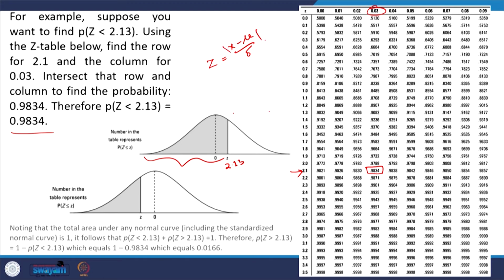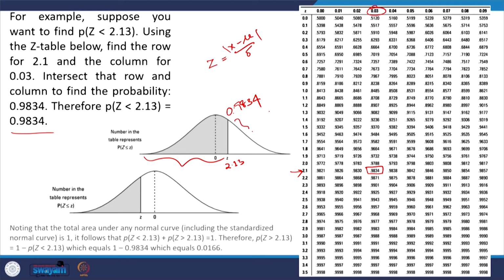Okay, this is what is mentioned. Now it follows with the Z value less than 2.13, and the cumulative probability value of this one is 0.9834.